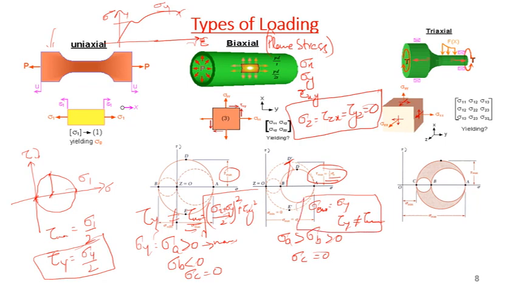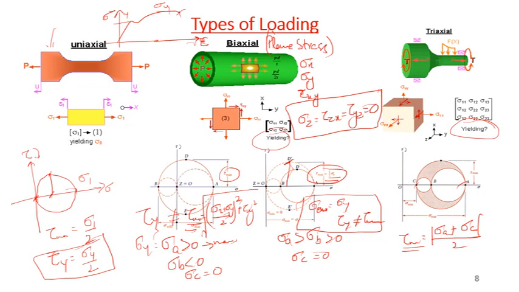How to relate? That we will see. And if we have a 3D state of stress, the tau max in this case is sigma A minus sigma C divided by 2. Sorry, sigma A plus sigma C divided by 2. Again, sigma A is sigma y, but tau max cannot be equal to tau y. So when will the yielding start, when will the yield occur?